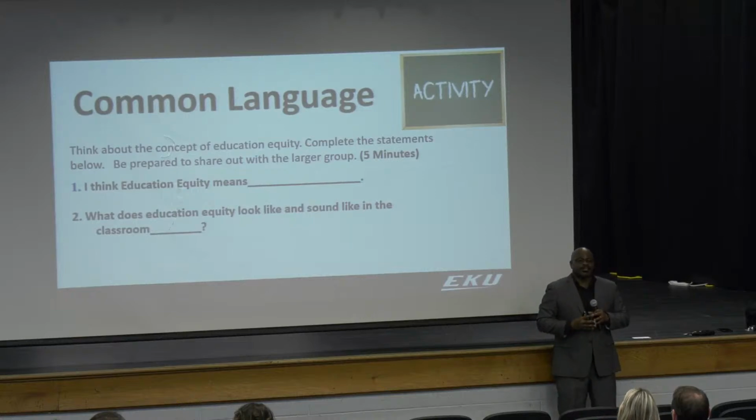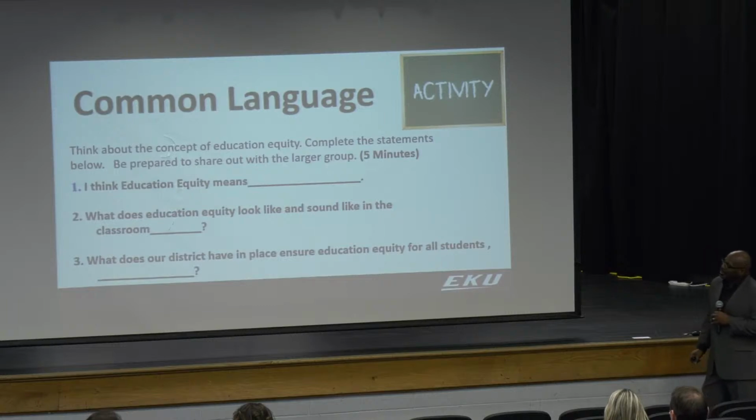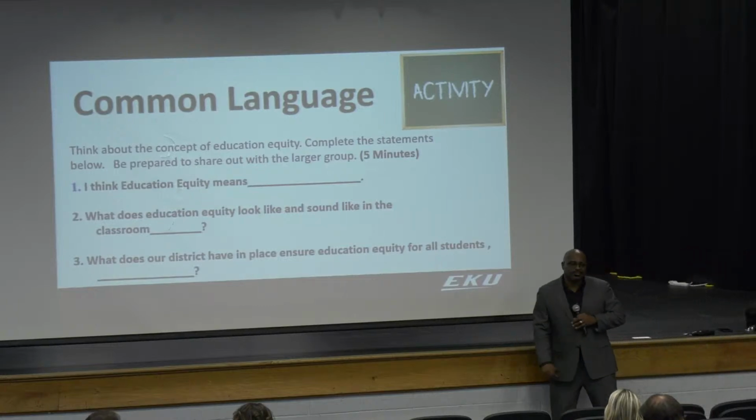Making accommodations for students. DI. What else? I think everybody's participating. People are engaged, right? Students not staring, but engaged. There's a difference, right? Exactly. So what does your district do to ensure education equity for all students?